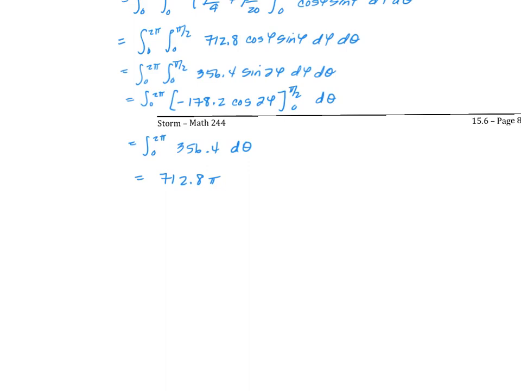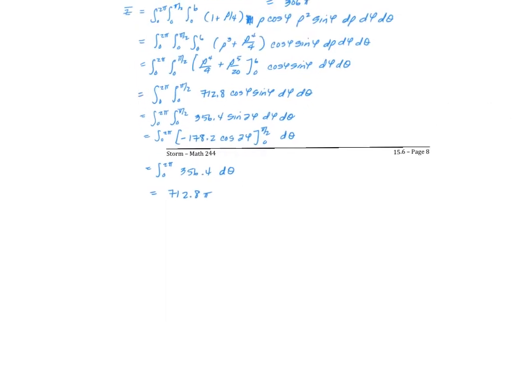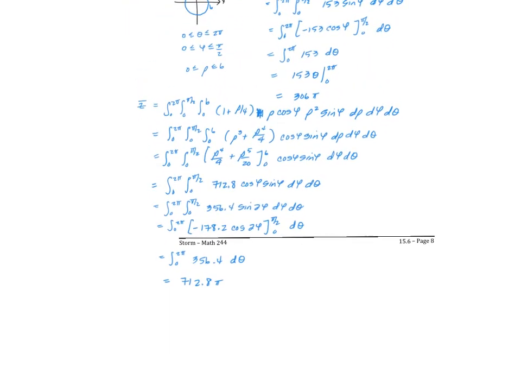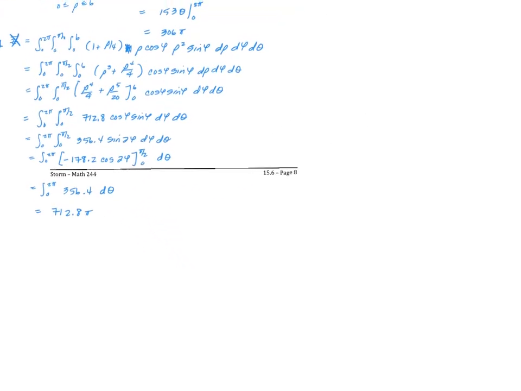But remember, that's actually not z bar. That's just finding the total moments, right? So to find the z bar, I have to take that value and divide it by the 306 pi.